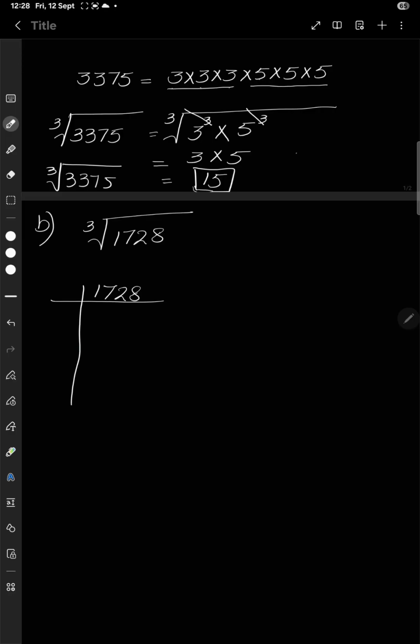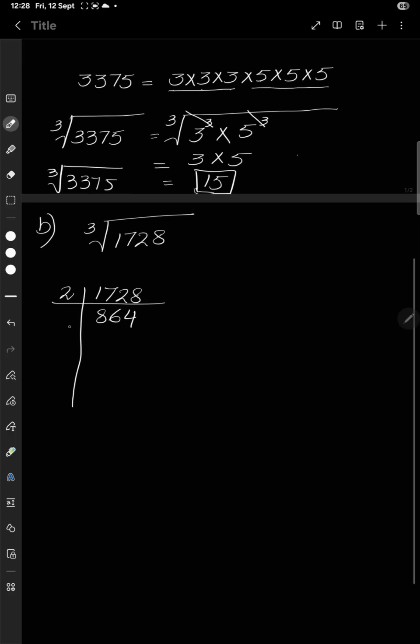1728, this is an even number, so it will be divisible by 2. Let's divide this number by 2. When I divide this number by 2, I will get 864. I will again divide this number by 2, and my answer will be 432.